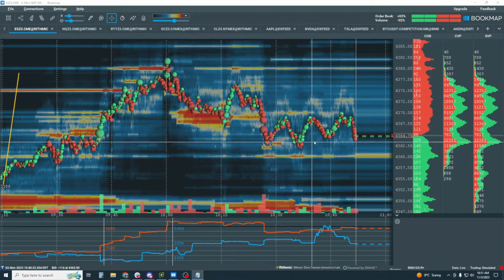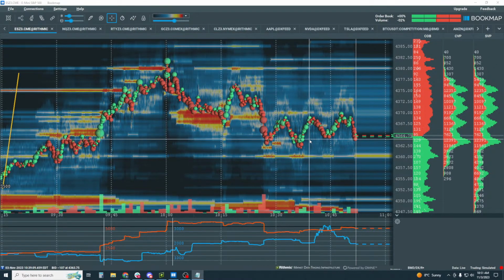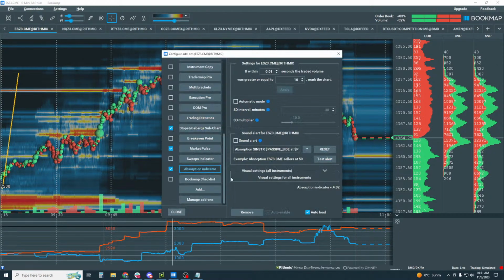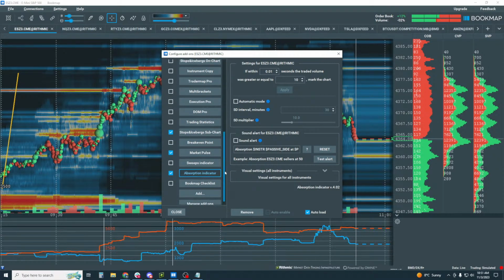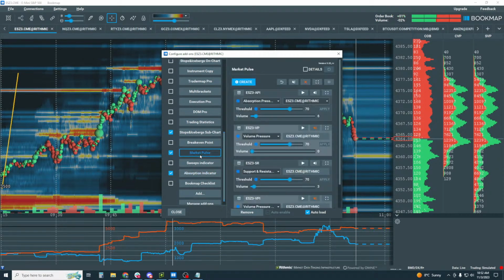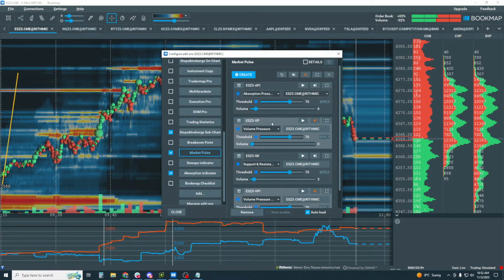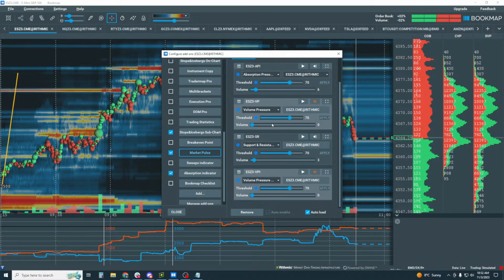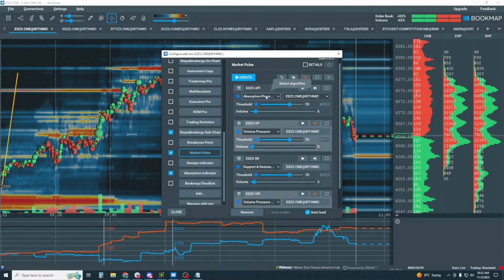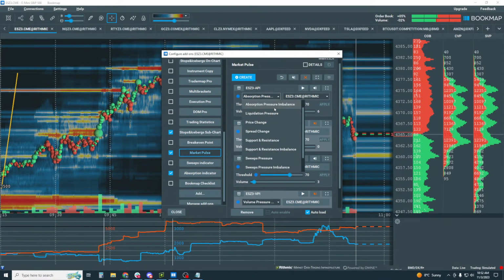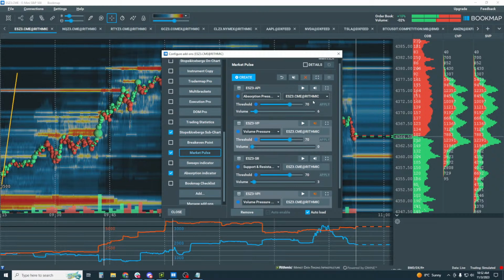Now, once you've got it added on, we don't see it on the chart here, but we know it's working. Next thing, we'll go in here and turn on the Market Pulse and add absorption pressure right here. I've got it already from the drop down. We'll add both absorption pressure and then absorption pressure imbalance.